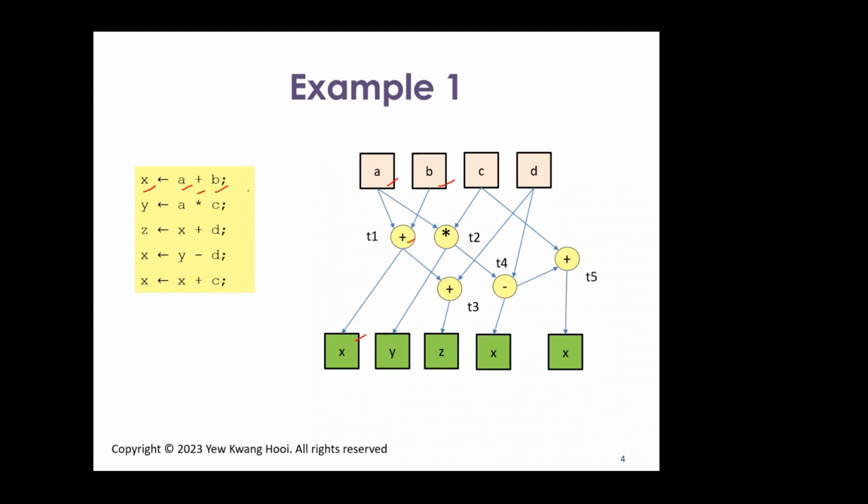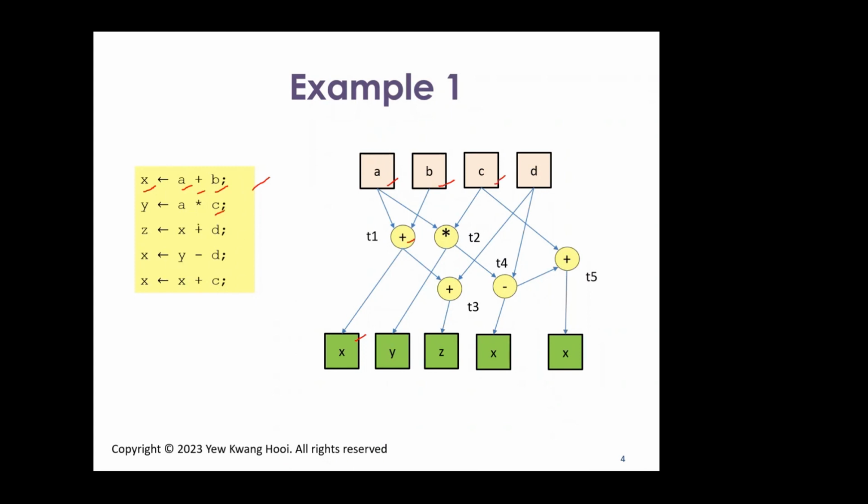Now, we're done with the first row. The second row is A multiply C. A is already here, right? So we do not need to add another A, but there's no C, so we need to add C here, a new input variable.